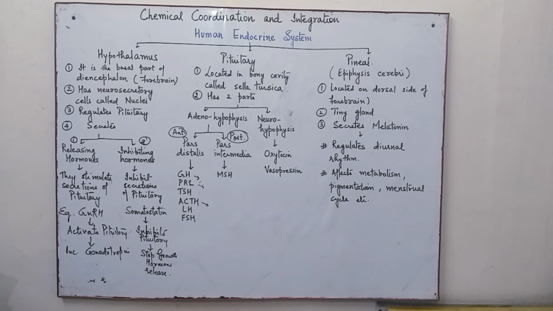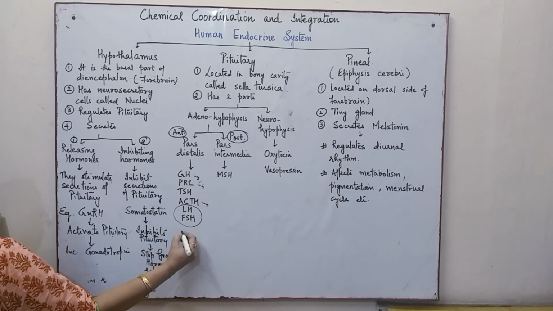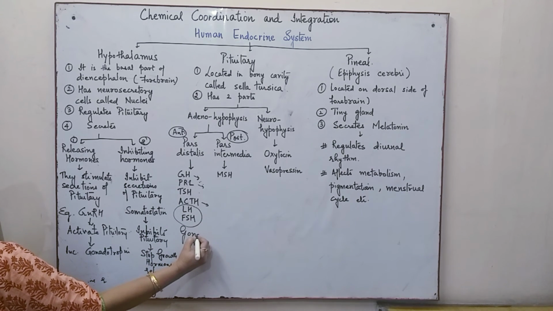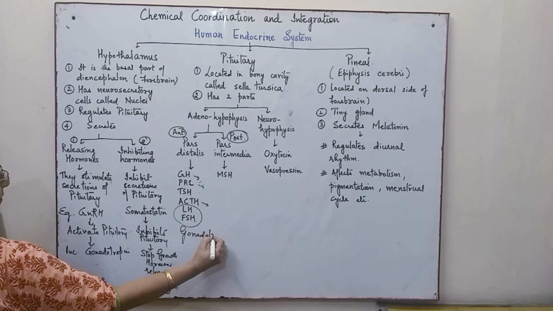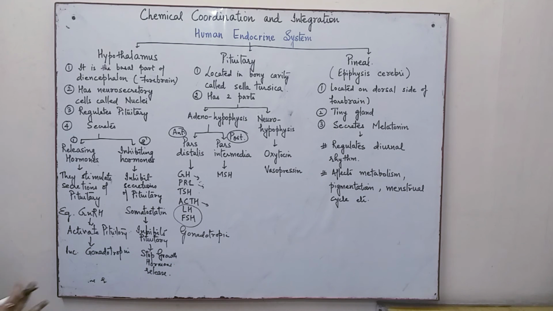LH and FSH, the luteinizing hormone and the follicle stimulating hormone, are together known as gonadotropic hormones. These hormones have different roles.